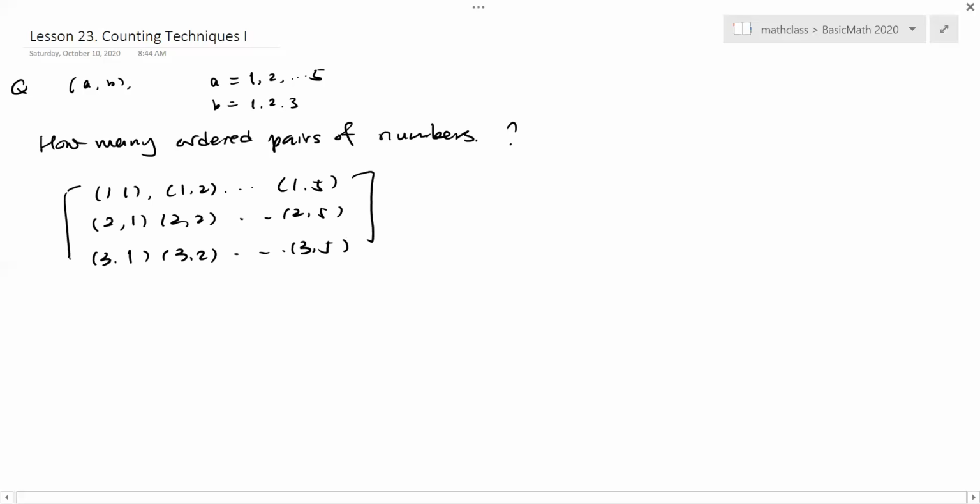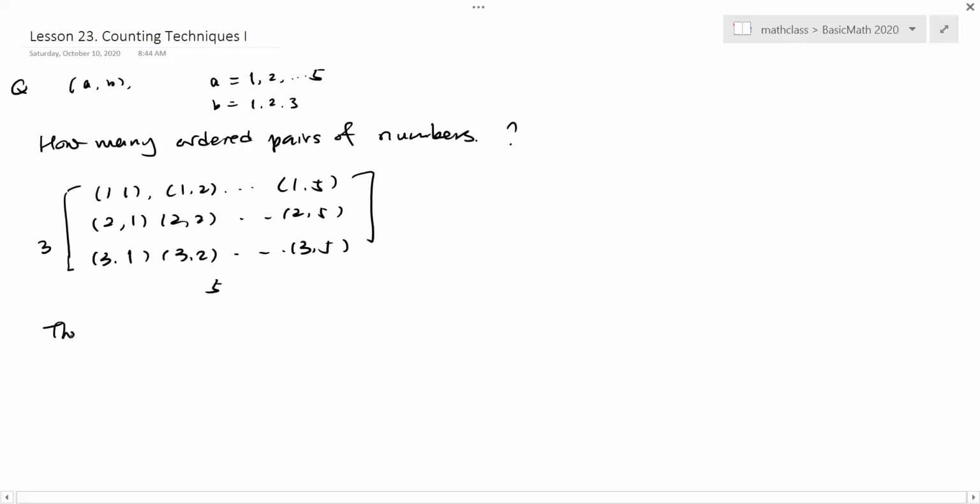Just count how many ordered pairs of numbers there are. You just need to calculate the area, similar to that. This side has 3, this side has 5. This is called a matrix in advanced mathematics. You have three rows and five columns, so it's clear you need to do the product.